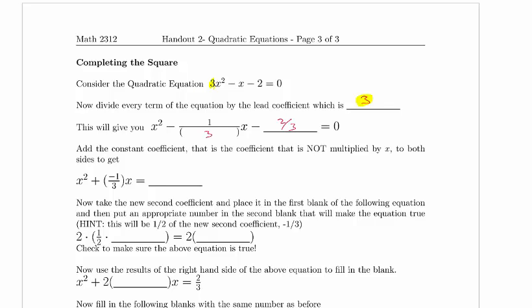Add the constant coefficient, and the constant coefficient is simply going to be this guy right there. Or using green, let's go ahead and do that with blue. All right, that's going to be the constant coefficient. Well, should I say this is the original constant coefficient. This is what the constant coefficient becomes. So 2/3. There we go.